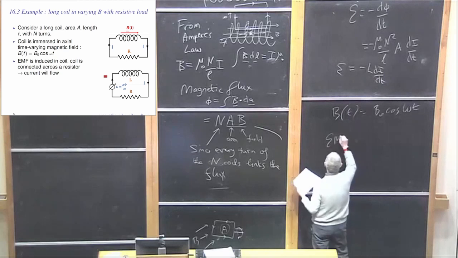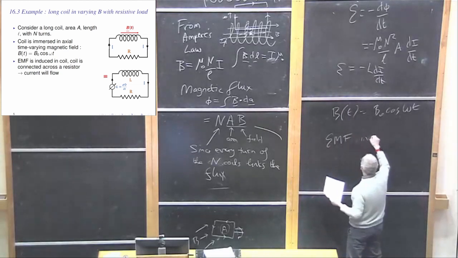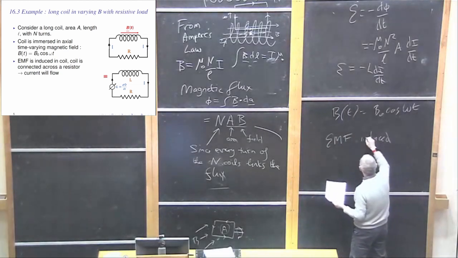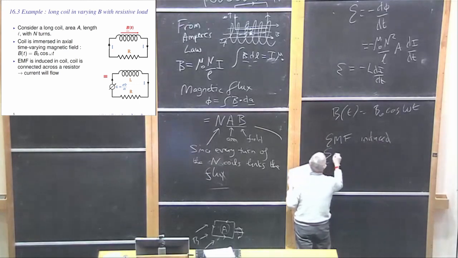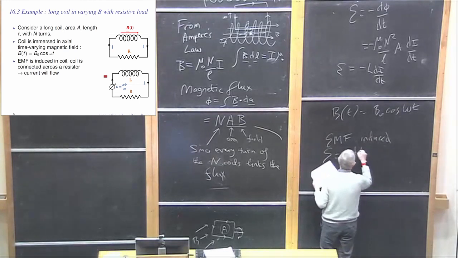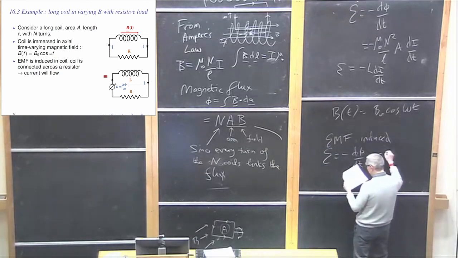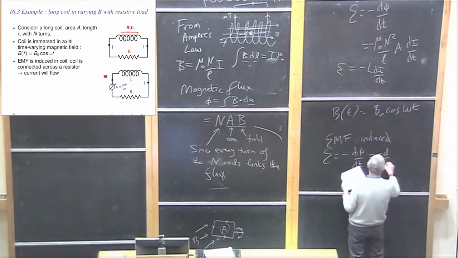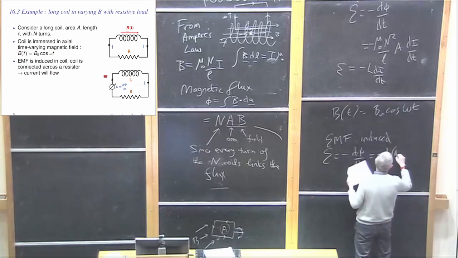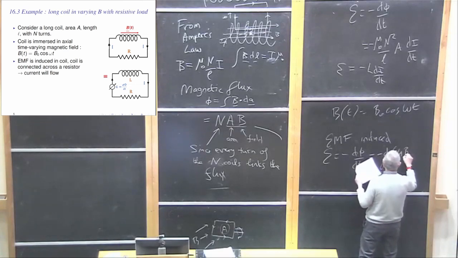But the EMF induced here, gosh, I don't know how many times I've written down that particular equation, is minus d by dt of N A B naught cosine omega t.